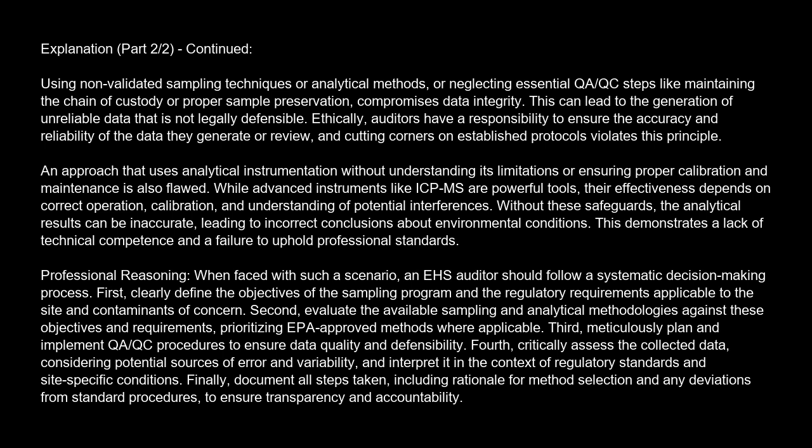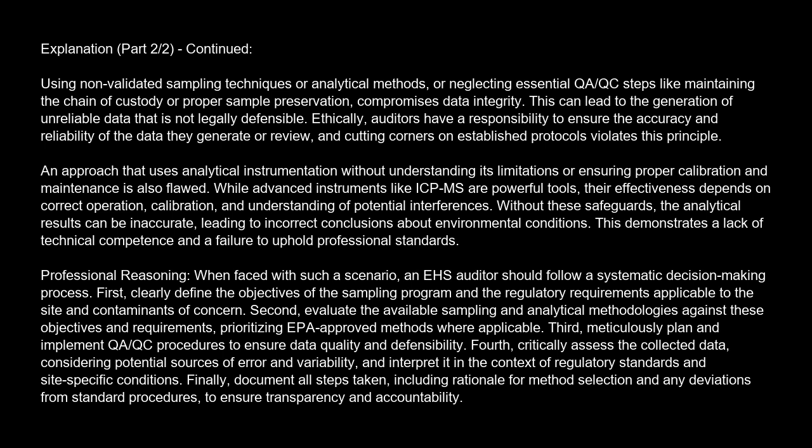Professional reasoning. When faced with such a scenario, an EHS auditor should follow a systematic decision-making process. First, clearly define the objectives of the sampling program and the regulatory requirements applicable to the site and contaminants of concern. Second, evaluate the available sampling and analytical methodologies against these objectives and requirements, prioritizing EPA-approved methods where applicable.